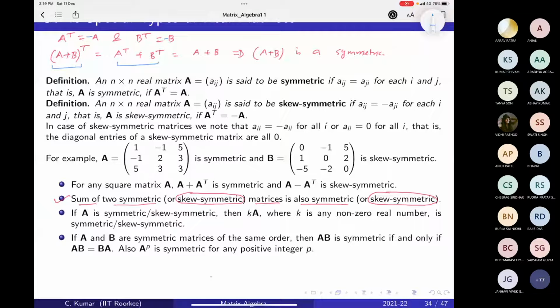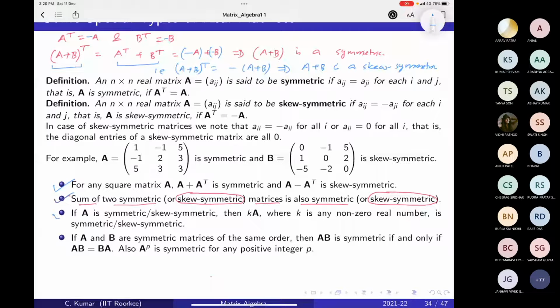But A is a skew symmetric matrix, so A transpose will be equal to minus A, and similarly B transpose will be equal to minus B. So from here we get that the transpose of A plus B is equal to minus of A plus B. So we can say that A plus B is a skew symmetric matrix. Okay, so the first point, second point also we have done.